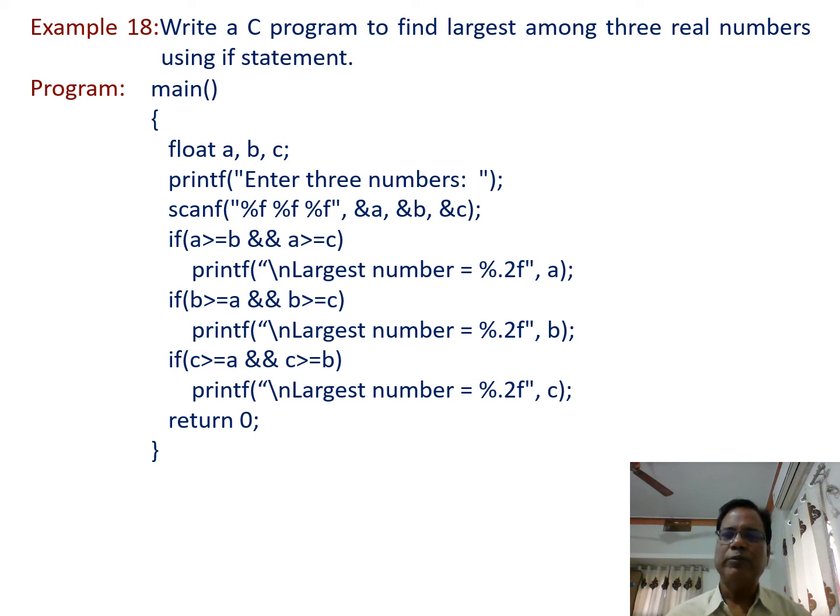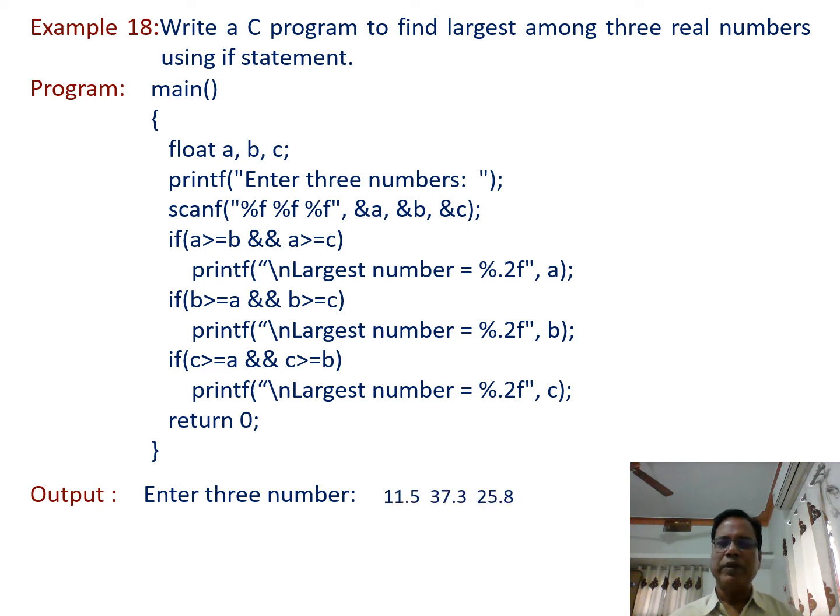Here we are using the %.2f format specifier, because we want to print only 2 digits after the decimal point instead of the 6 default digits of a float type variable. So when this program is run, we get the output like this: enter 3 numbers, and when we enter 3 numbers, we get the output largest number is 37.3.